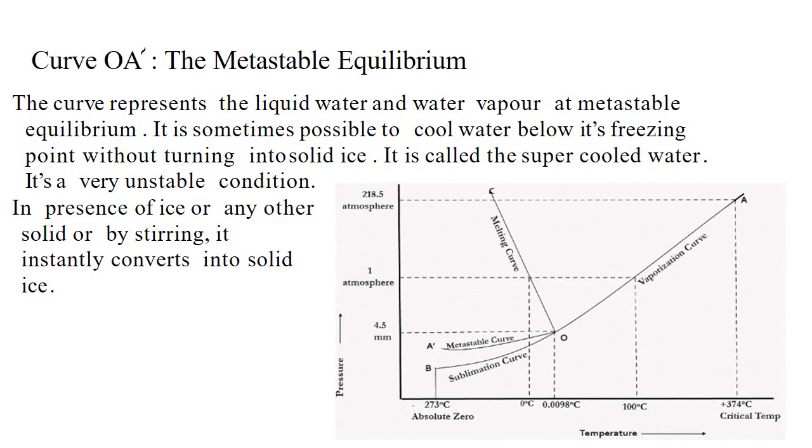It's a very unstable condition. In the presence of ice or any other solid, or by stirring, it instantly converts into solid ice. So OA prime is a metastable equilibrium curve, and the water in this area is present in the metastable state.